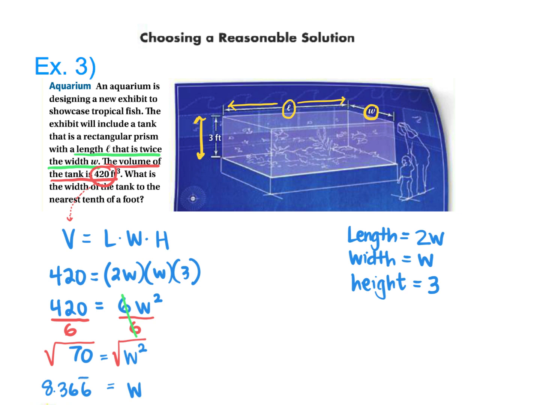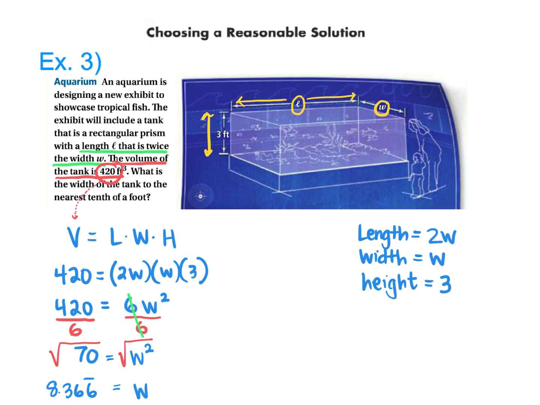So we'll put the bar over that to show that that is repeating. Now, is it possible to have a negative in this situation? Okay, is there 8.366 and negative 8.366 repeating?